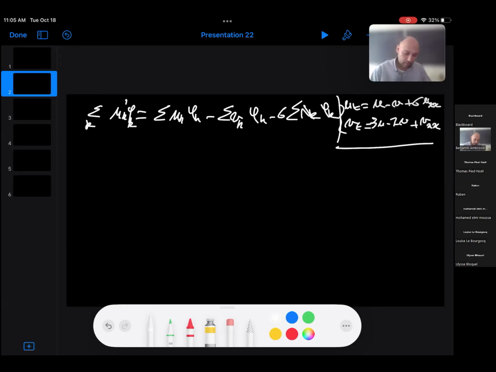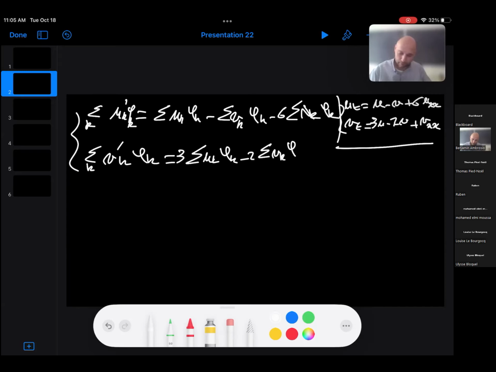And I do the same for v. So the sum of v_k prime phi_k equals 3 times the sum of u_k phi_k minus 2 times the sum of v_k phi_k minus the sum of lambda_k v_k phi_k. Oh, I forgot the u_k here, u_k and here v_k phi_k.